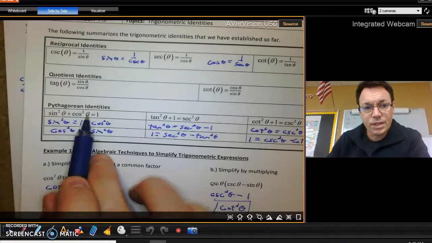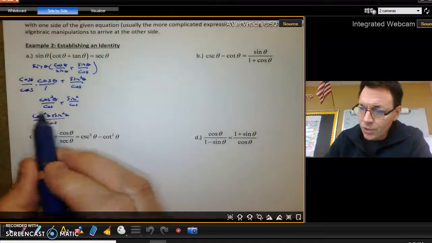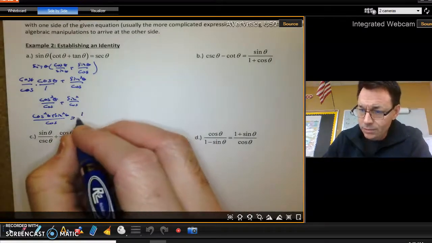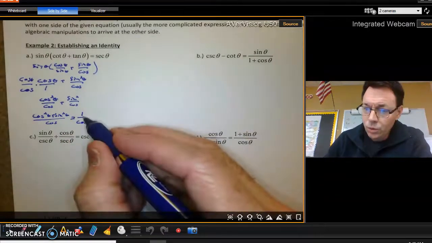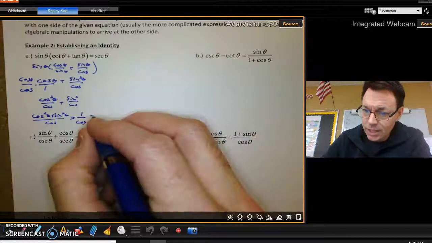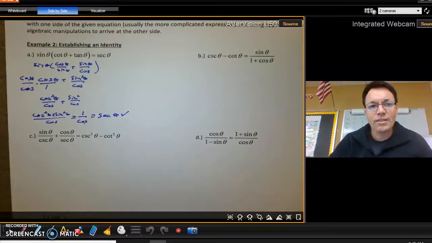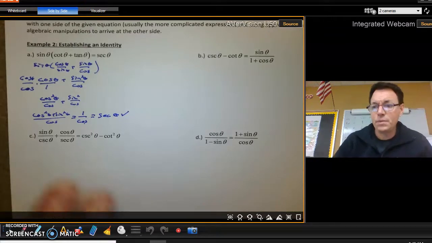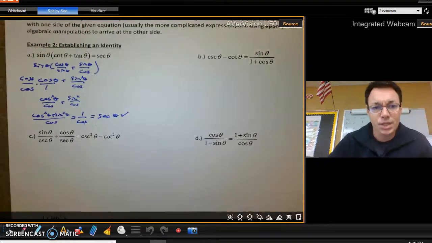That's the Pythagorean identity. So I can literally rewrite this numerator as 1 over cosine. Lo and behold, 1 over cosine is secant. And so I have proven this identity. I've manipulated this side and shown that it is equal to that side.